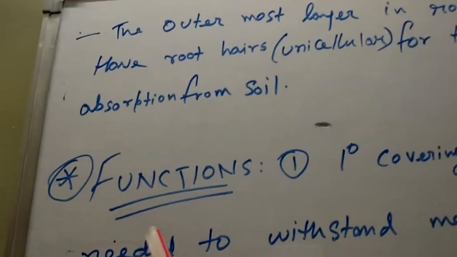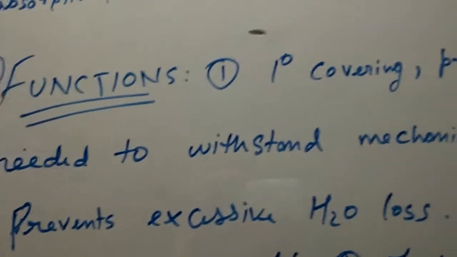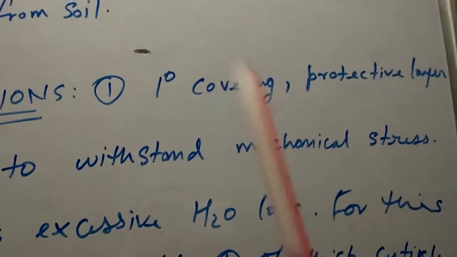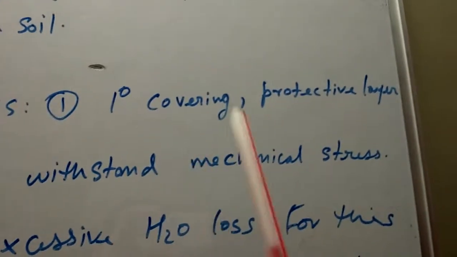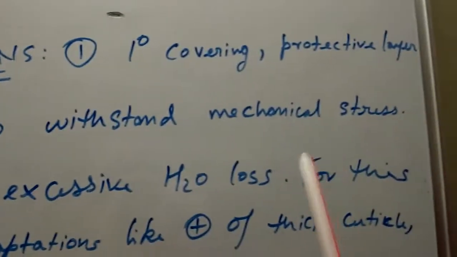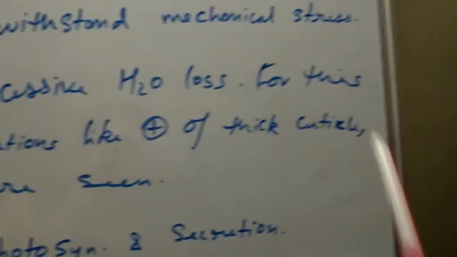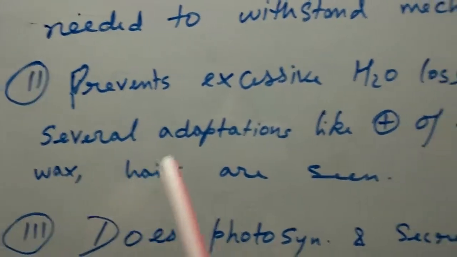Now here comes the function or functions regarding the epidermal tissue system, and the first function is it is the primary covering protective layer needed to withstand mechanical stress. It prevents excessive water loss. For this, several adaptations like presence of thick cuticle, wax, hairs are seen.